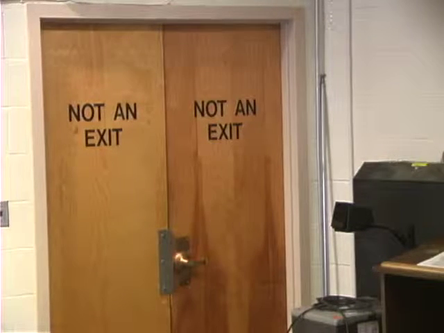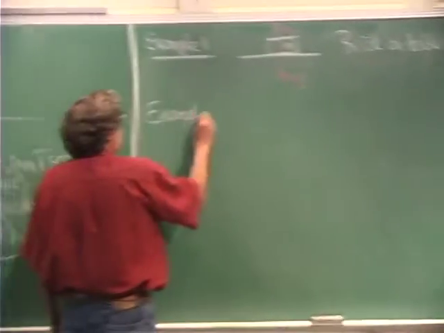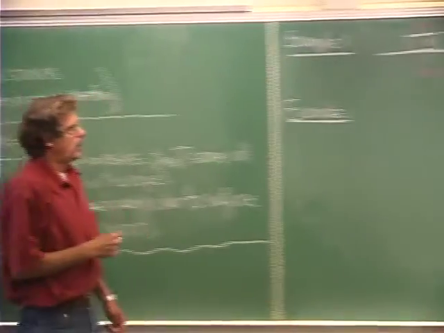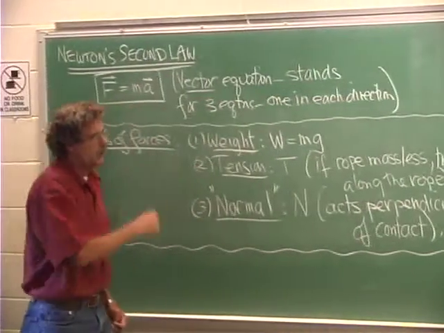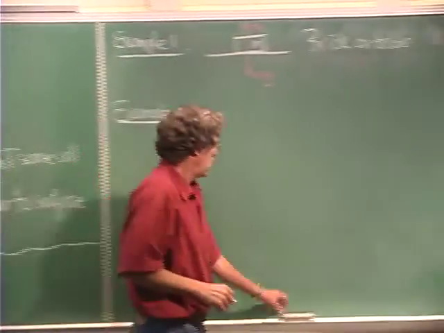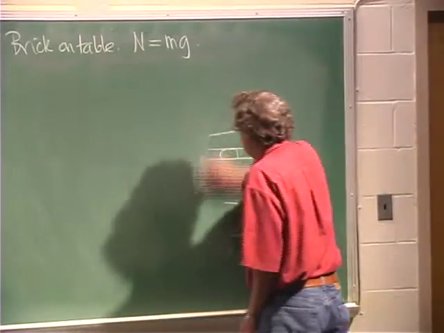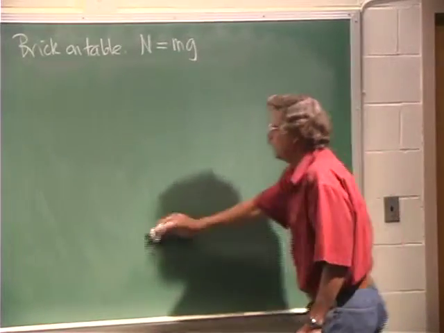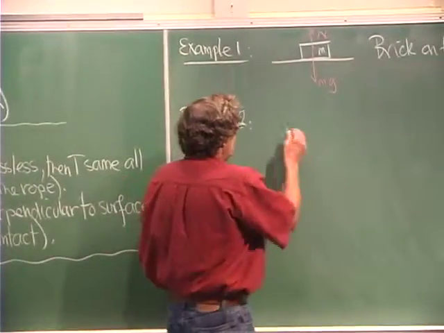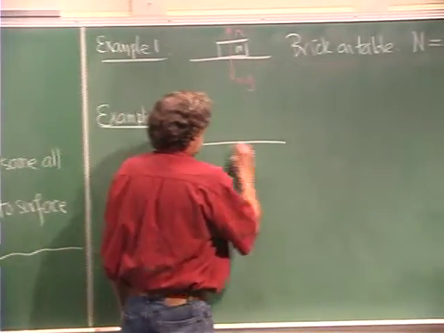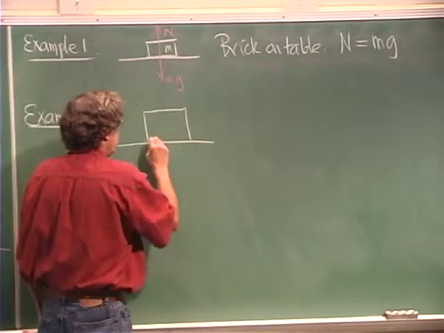In fact, you saw an example of this, although I'm not sure you thought it through because it wasn't relevant to the problem, but on the third owl for today was a situation in which some person is pulling a crate or something or other across the floor here.